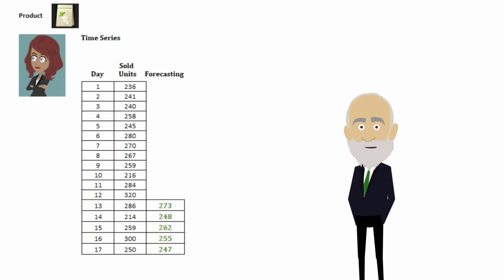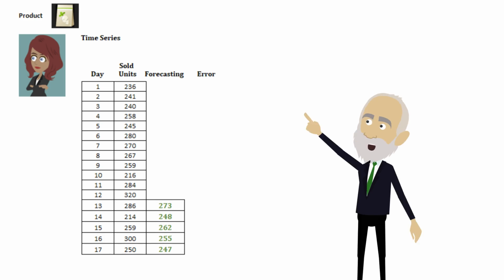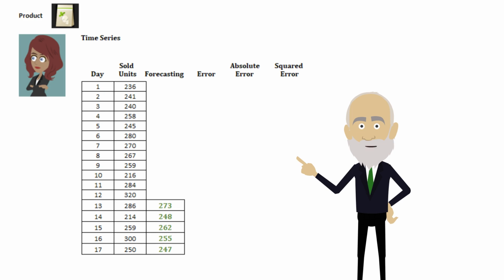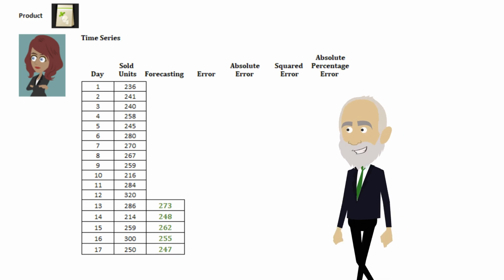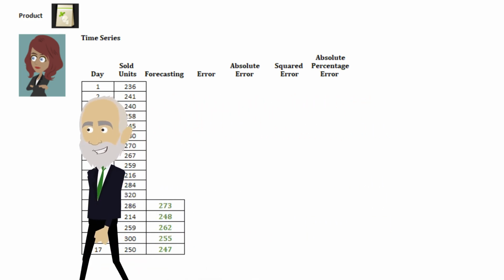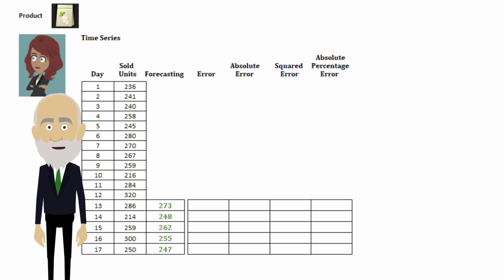The first step consists in creating 4 new columns. One column for the error, another for the absolute error, one more for the squared error, and the last one which we will call absolute percentage error. The error is defined as the actual data minus the forecast.